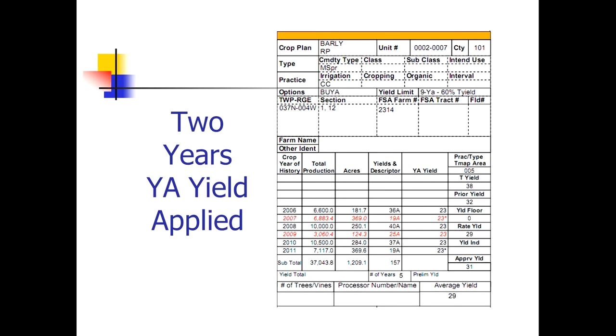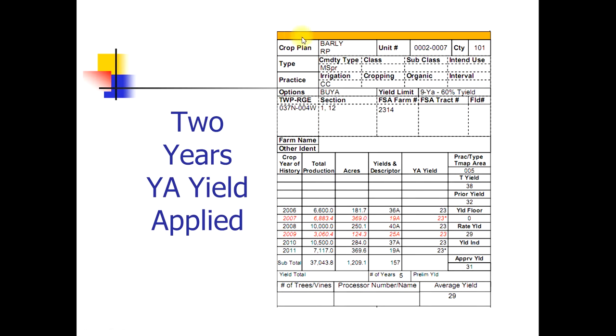So here's one example as to what affects your premium like we talked about. This is what's called a unit, which you guys are familiar with units, or a database on your crop insurance. So if you look here, this crop plan is barley. It's kind of good to understand this, even not from a premium standpoint, but just as to what we're looking at here. So you can look at each one of these.